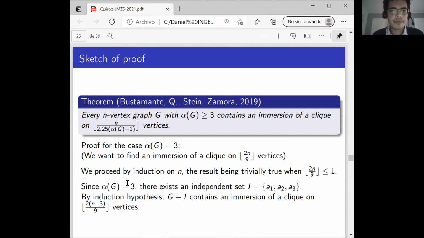Okay, so our graph has independence number 3. So there is some independent set, A1, A2, A3. And by induction hypothesis, if we take that independent set out of our graph, then we get a clique immersion on 2 times n minus 3 over 9 vertices.